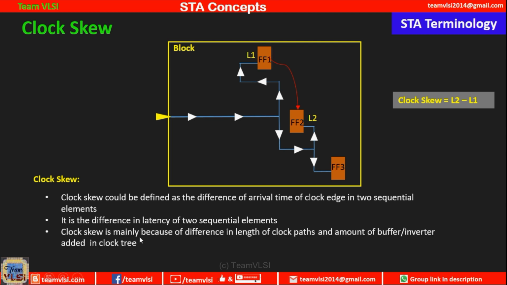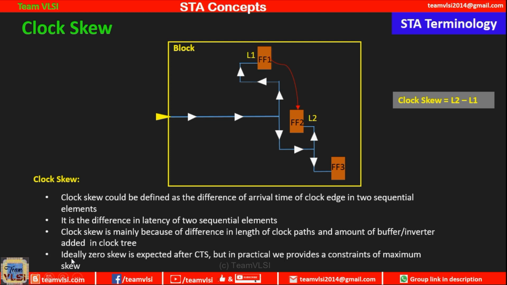Clock skew is mainly because of differences in the length of the clock path and the amount of buffers or inverters added in the clock tree, right? Ideally, 0 skew is expected after CTS.